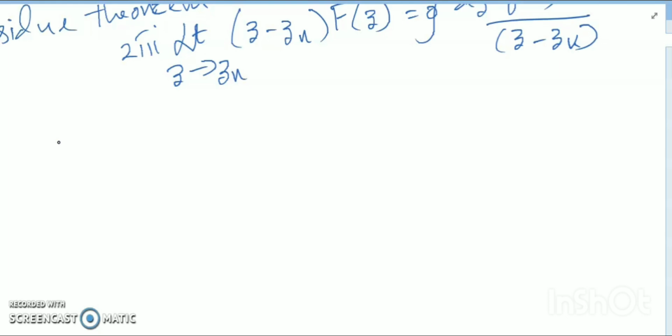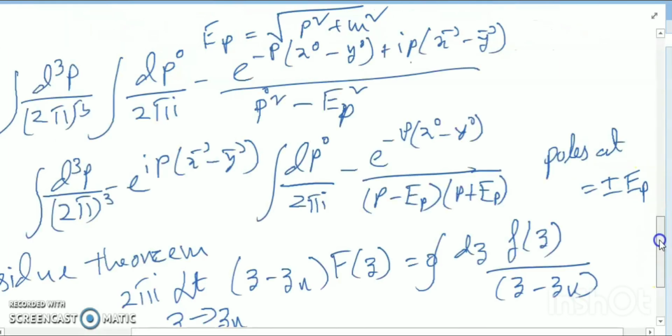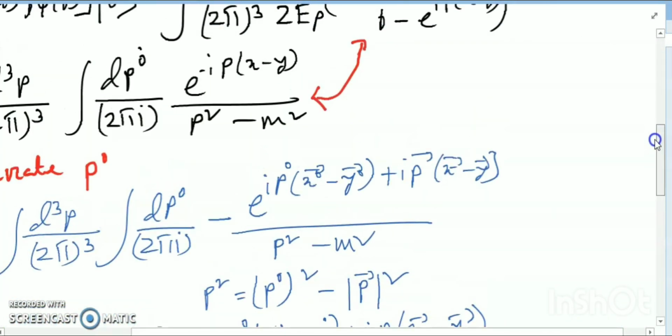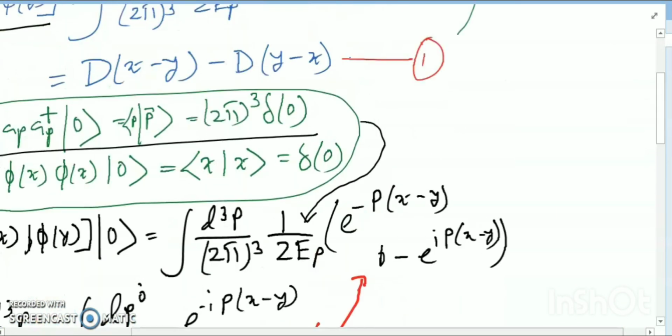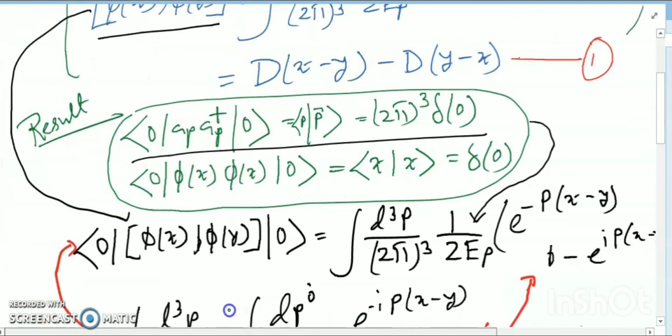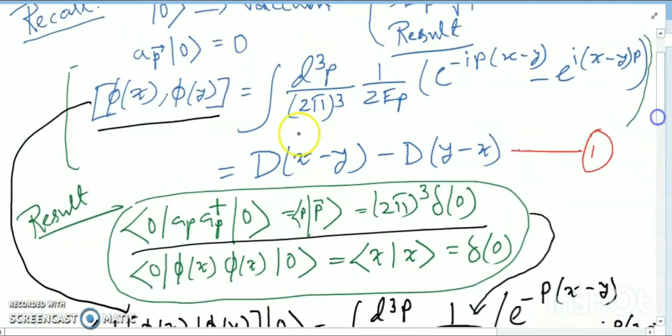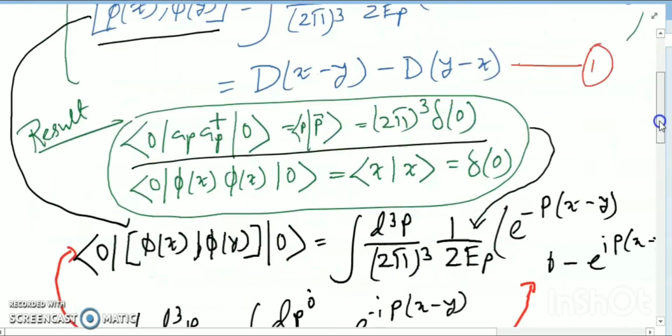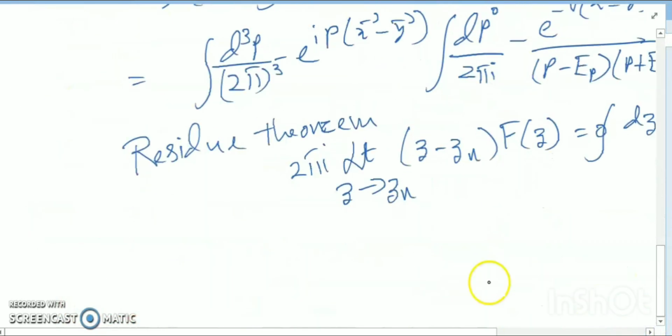You see that phi x and phi y, the commutators, this value I have already written. This is also commutative.